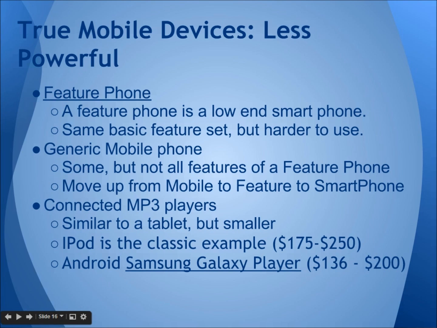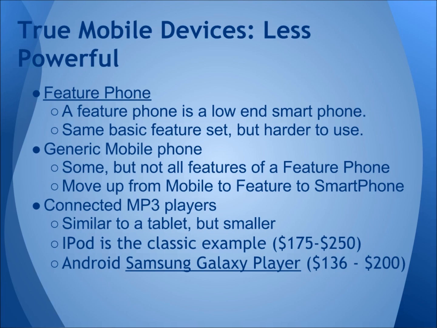Then another kind of interesting guy in this group is the MP3 player, which is really very similar to a tablet, but smaller. So an iPod is a classic example. An Android Samsung Galaxy player is another classic sort of MP3 player.